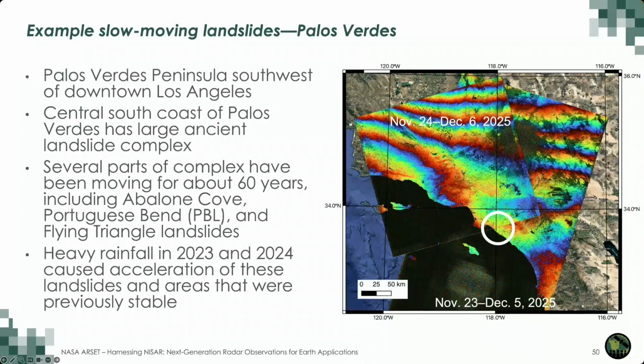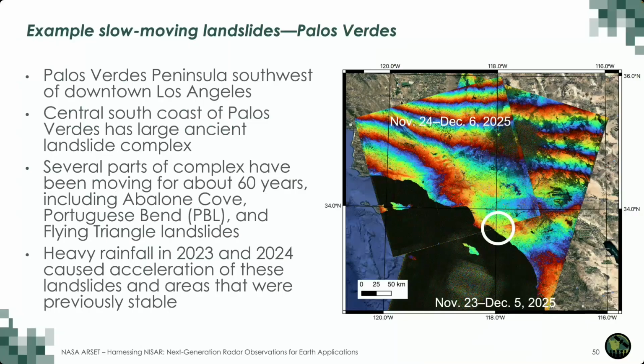This Palos Verdes Peninsula is southwest of the main part of Los Angeles, and the southern west coast of Palos Verdes has this large landslide complex. Some parts of this landslide complex have been moving for about 60 years, since actually the 1950s, almost 65 years.